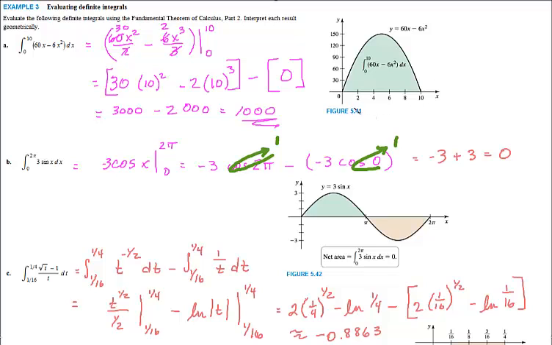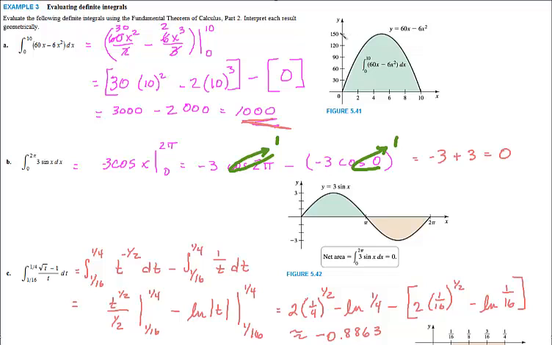In looking at their graphs, this one had an area of 1,000, and I could look at this and note that it was 10 this way with a height of about 150. Multiply that together is 1,500.